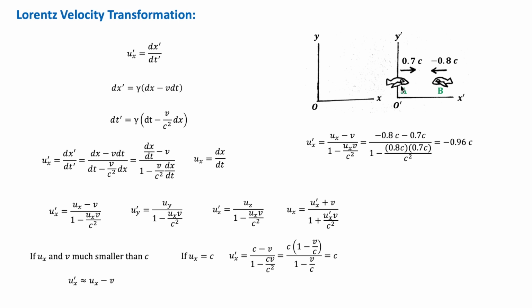And note here that if the Galilean velocity transformation was used, then ux dash will be equal to ux minus v, which is minus 0.8 c minus 0.7 c equal to minus 1.5 c, which is greater than c, right? And this is why the Galilean transformation does not apply for relativistic speeds.